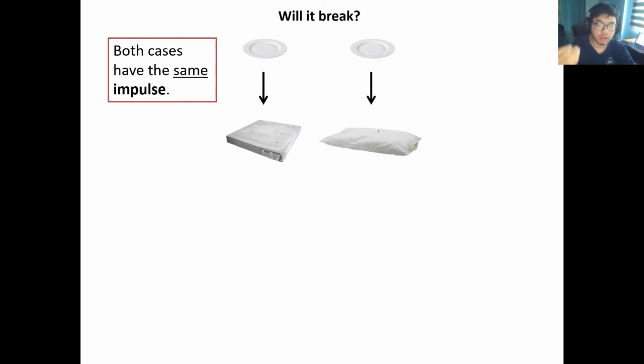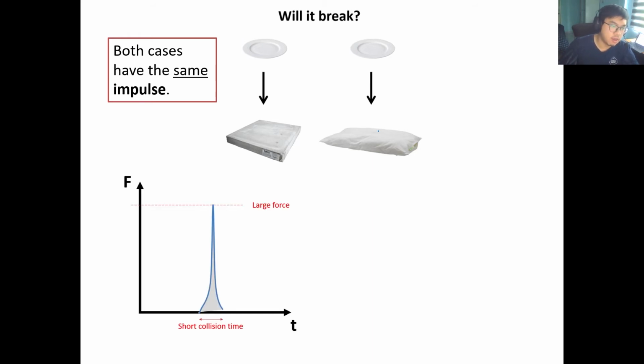Okay, so impulse is equal to change in momentum, and because the change in momentum for these plates is the same when they hit the object, they have the same impulse. Except that the way that the impulse is given is different. For the concrete case, you can see this is what happened. It hits the concrete floor very quickly.